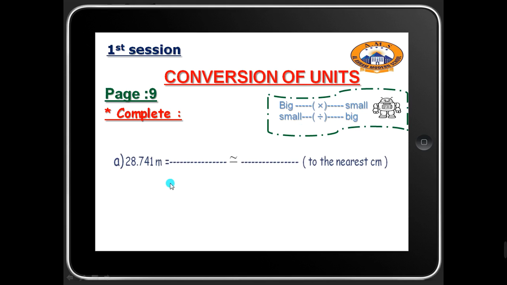The first exercise here, we have 28.741 meters. He asks you to approximate to the nearest centimeter. Here, if you have to convert between two units, then this means you're going to approximate to the nearest unit.